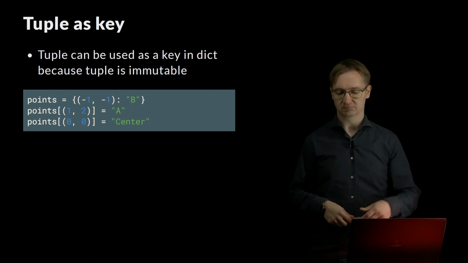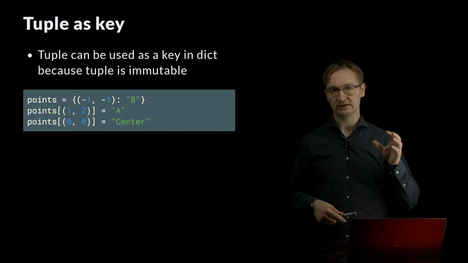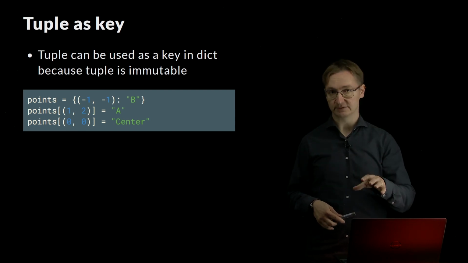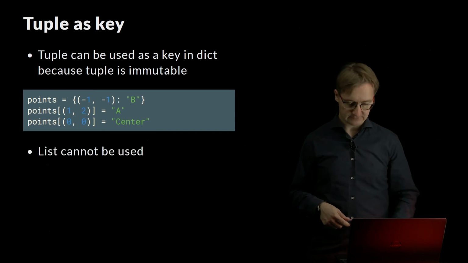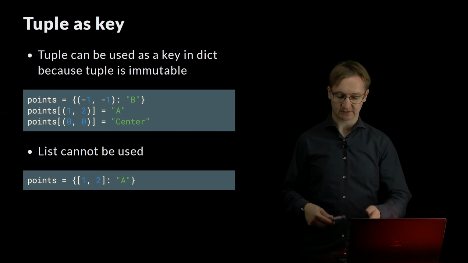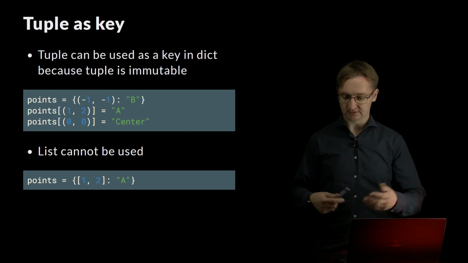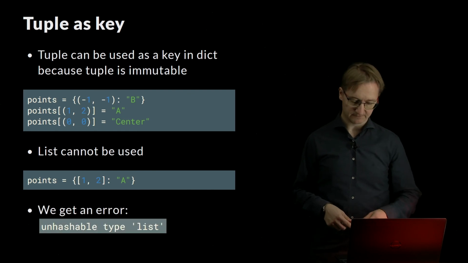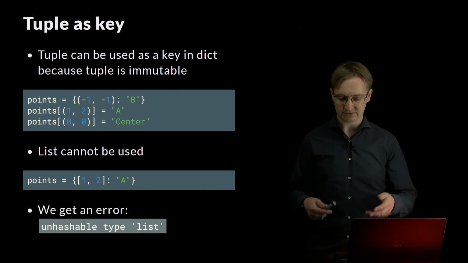So I can create a dictionary where every key is a pair of numbers. But I cannot use a list here. If I create a dictionary where the key is a list, then I will get an error because it's not hashable.